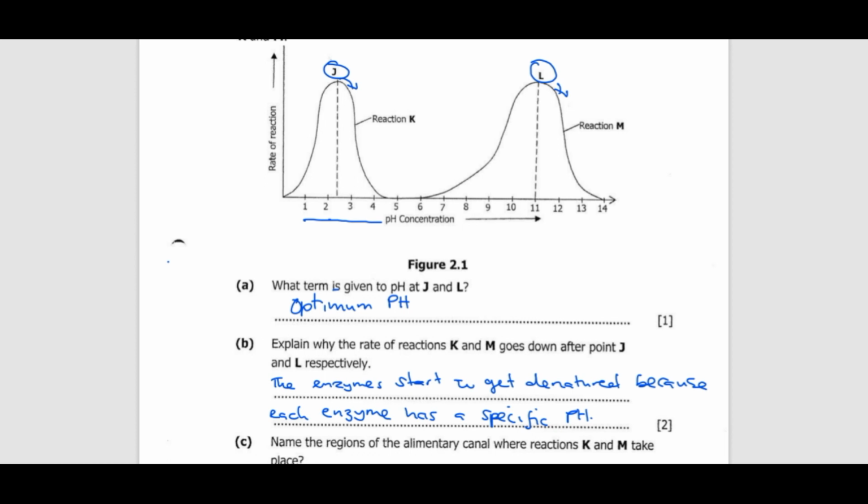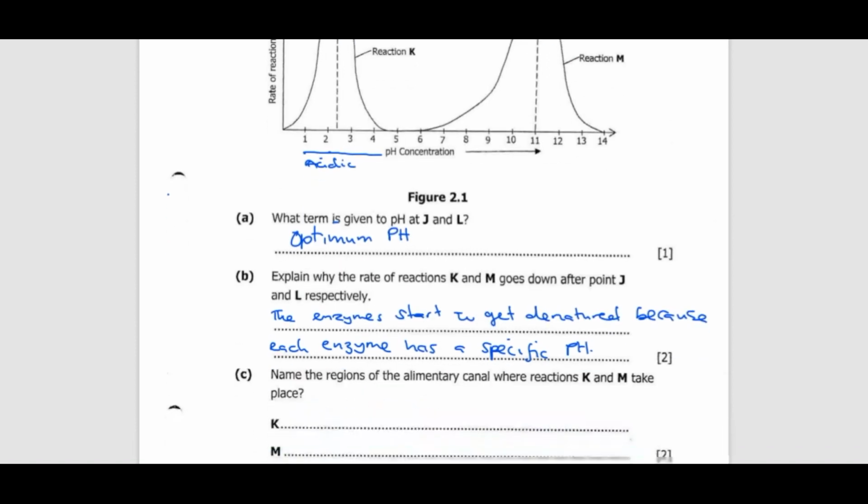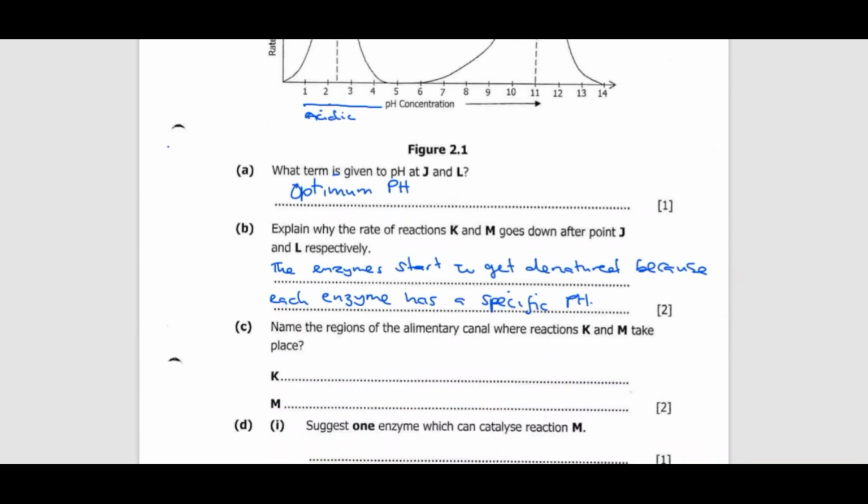This is the acidic environment. And then where can we find acid in the alimentary canal? That is the stomach. So stomach, that is where you find acid.